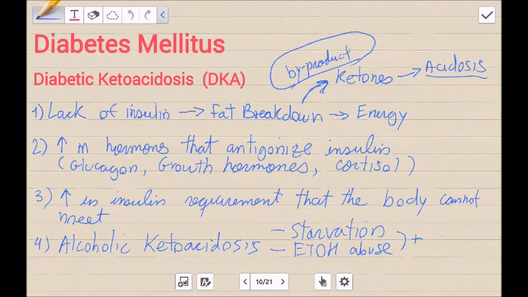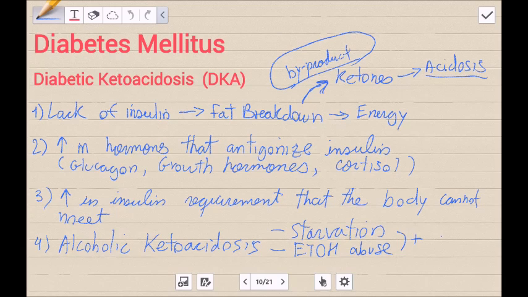In a normal individual, the body is able to compensate to a certain point. However, it reaches a point where the body's compensatory mechanisms cannot keep up anymore, and it goes into a state of shock almost. The body needs to break down fat to provide the energy needed, ketones are produced, and the acidosis follows after that.